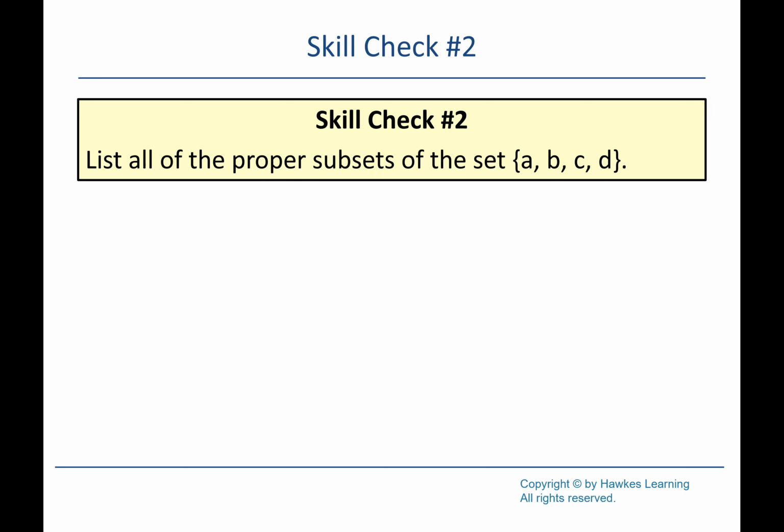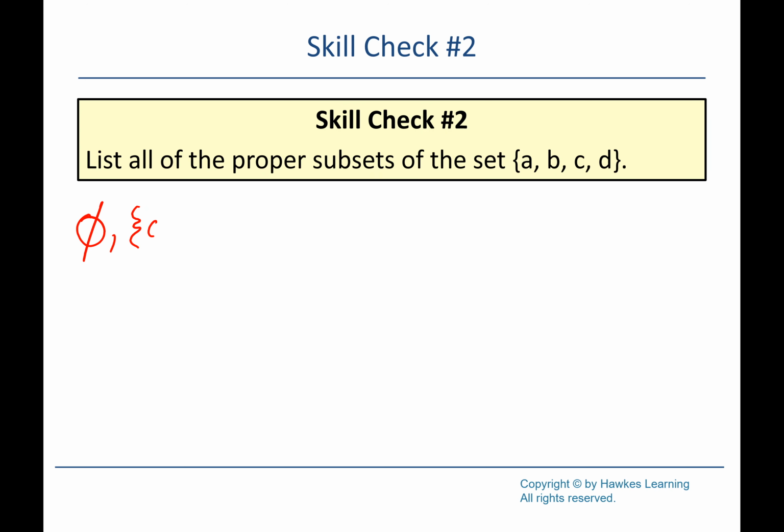List our subsets. This one's a little more tedious because we're starting off with 4 elements in our set. I like to put the empty set first so I don't forget. And then we can start listing them out, and you'll get tired of doing curly brackets by the time you handwrite this out.